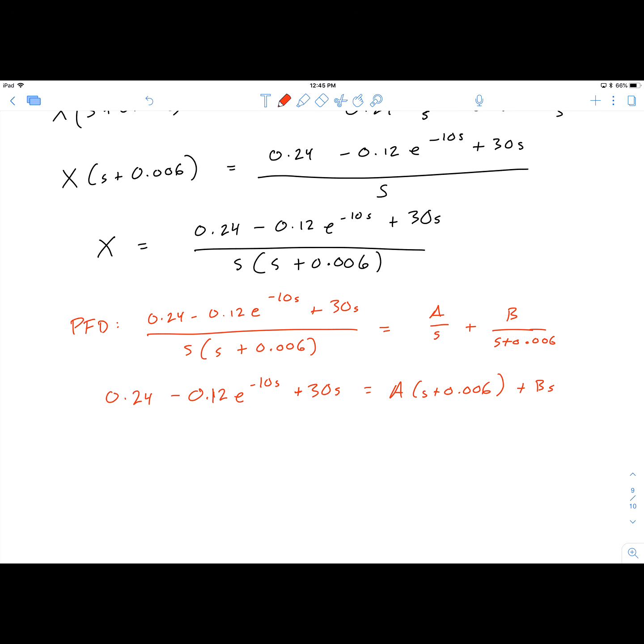So again, you could do it by plugging in s equals 0 and s equals negative 0.006, but especially with that exponential term, that's just going to be messy with the coefficients. So it might be easier to do it the other way, to expand things out and then equate coefficients.